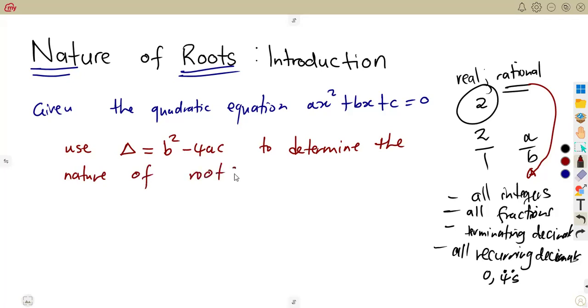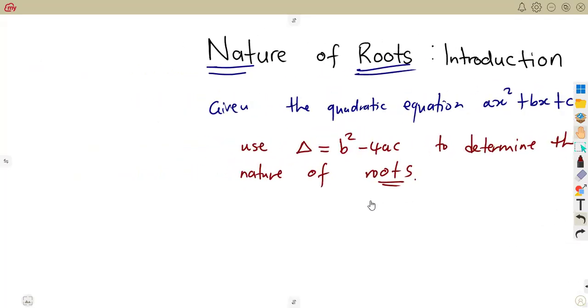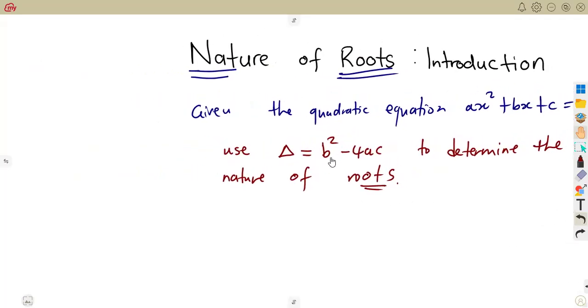So the question is, how? I'm given this. How is it going to tell me about the roots? I want you to see something about this delta part, which is our b squared minus 4ac. So you're going to quickly substitute values.